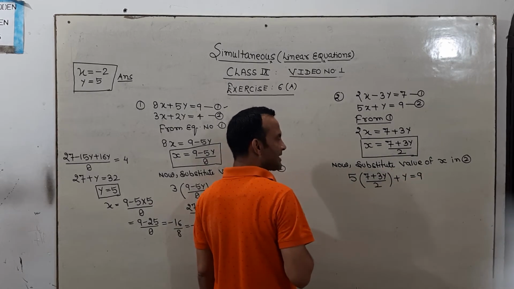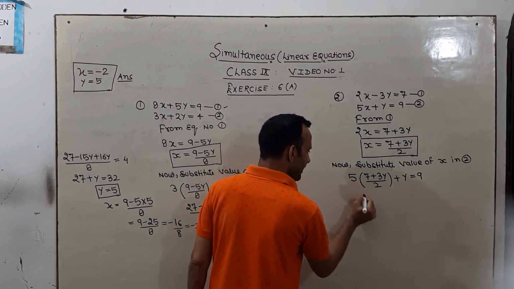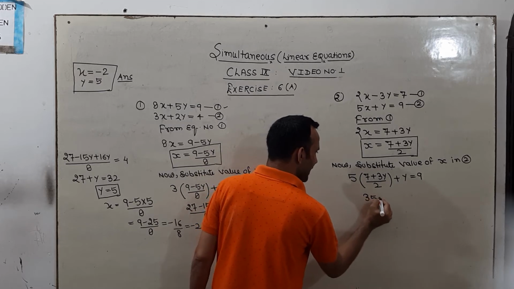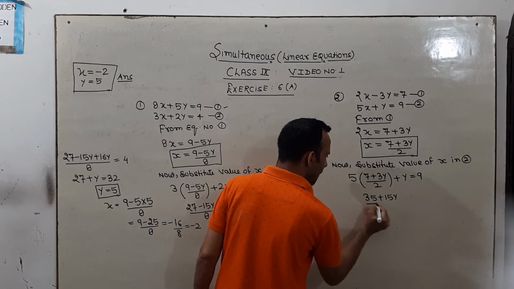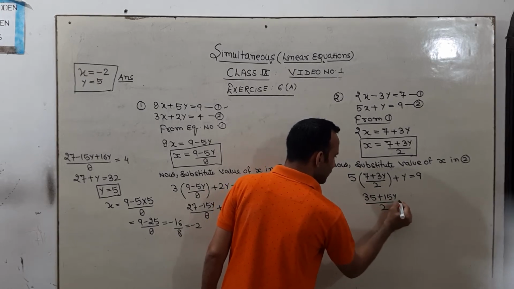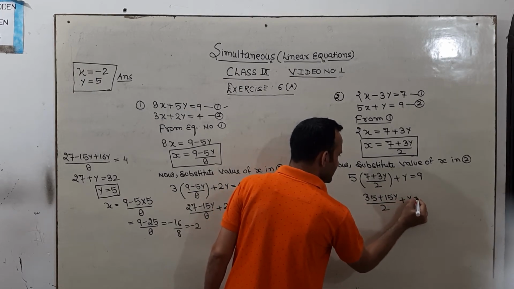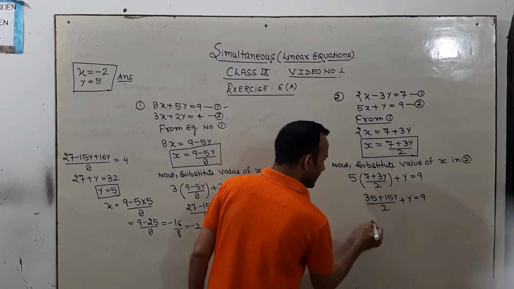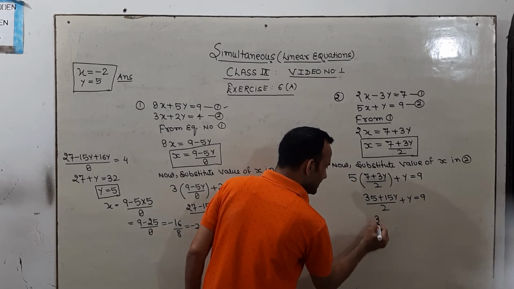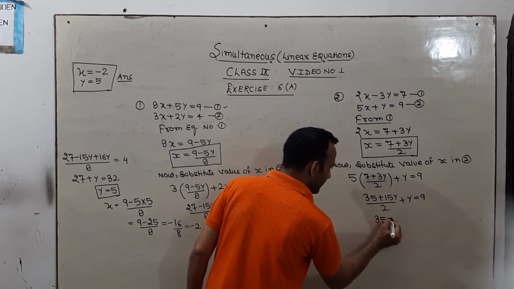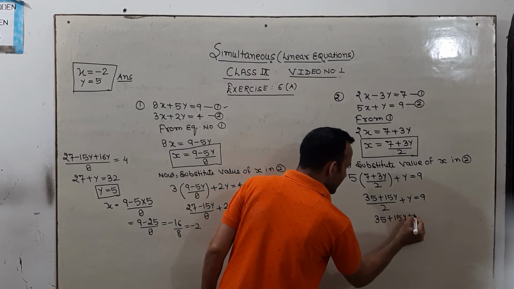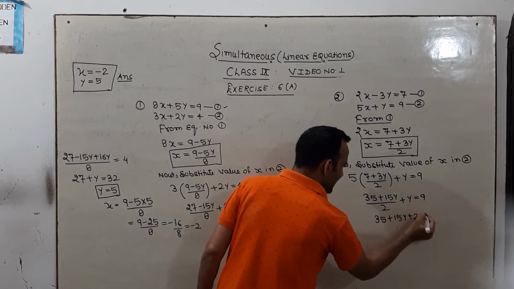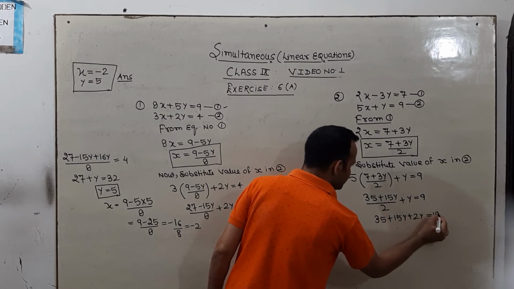Now simplify this expression. 5 7 is 35, 5 3 is 15y upon 2 plus y is equal to 9. After taking LCM, this expression will become 15y plus 2y, 2 9 is 18. Okay?